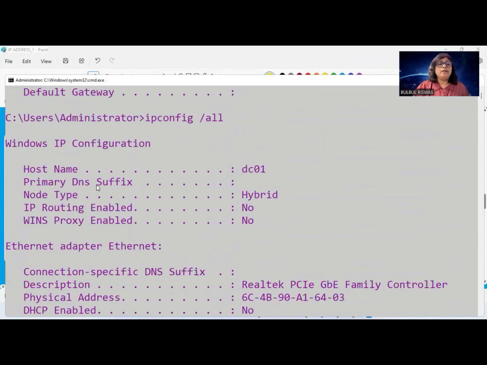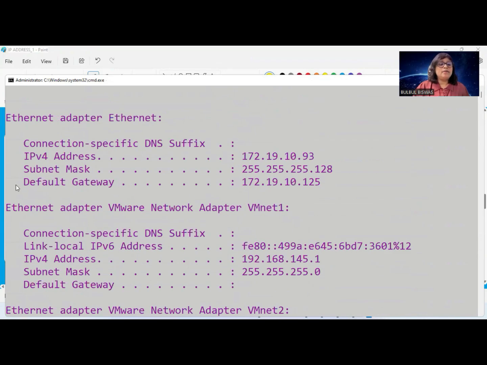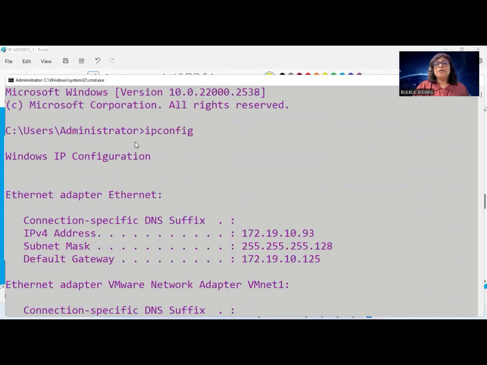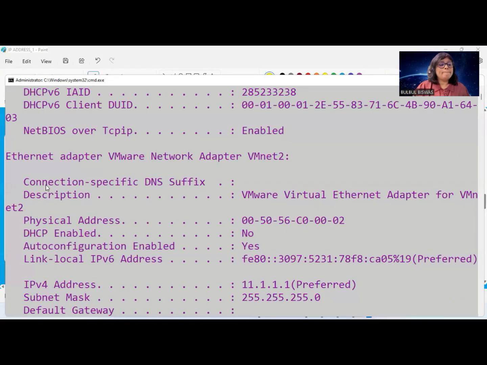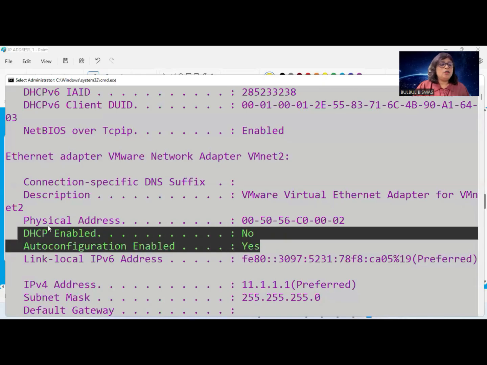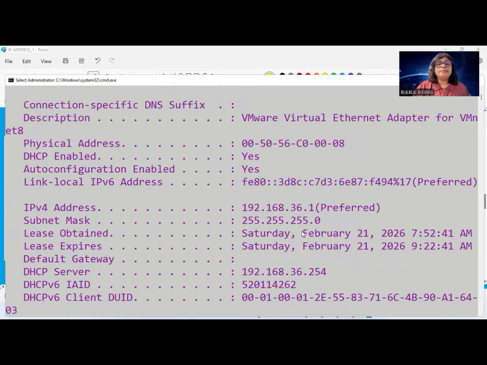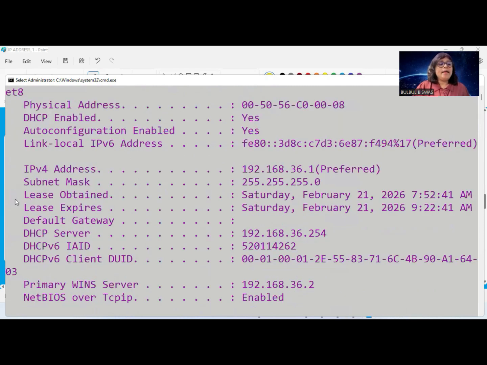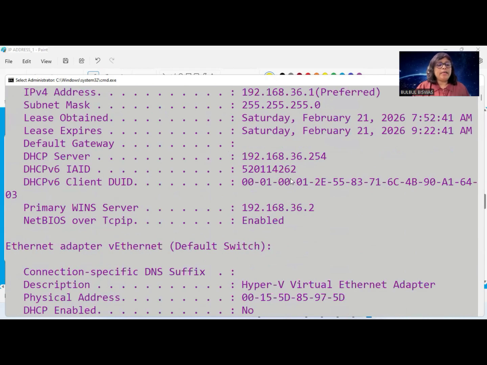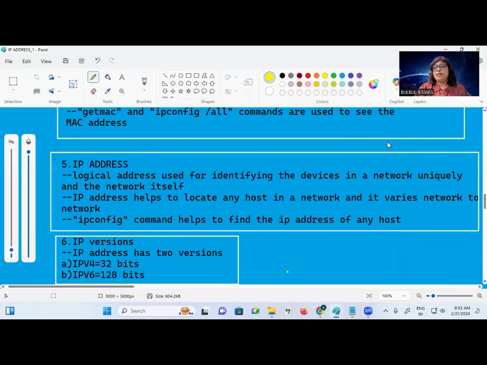DHCP enabled or not, the physical address, the default gateway, IP address, subnet mask, lease obtained, lease expires, DHCP, every piece of information you will get. So whenever we just want to know the IP address, just type ipconfig. But if I want the details, the total network settings, then I go for ipconfig /all.